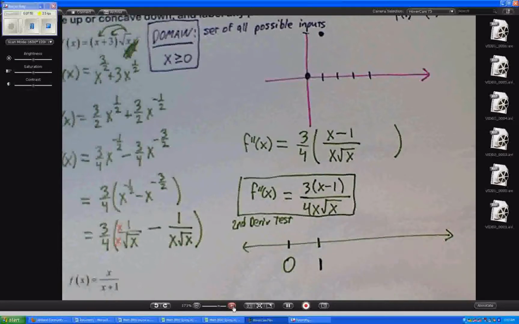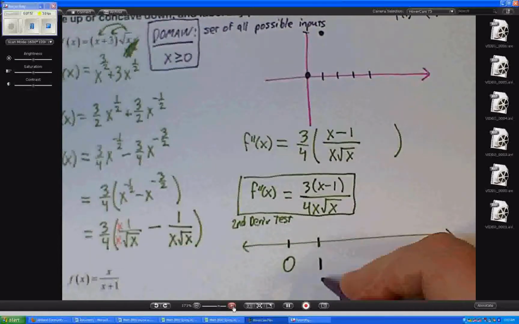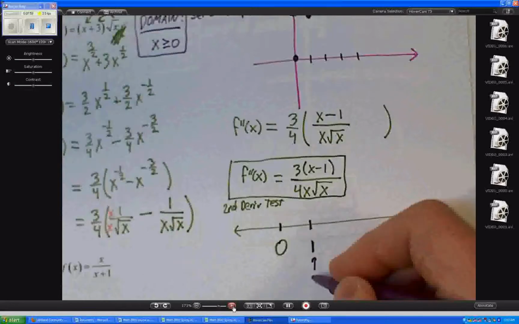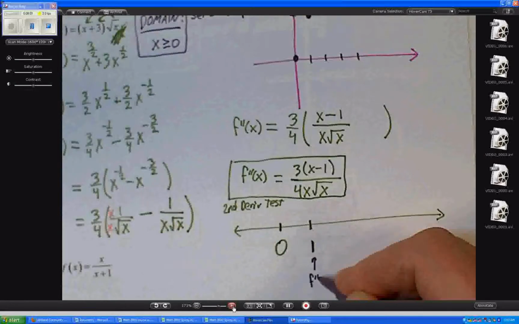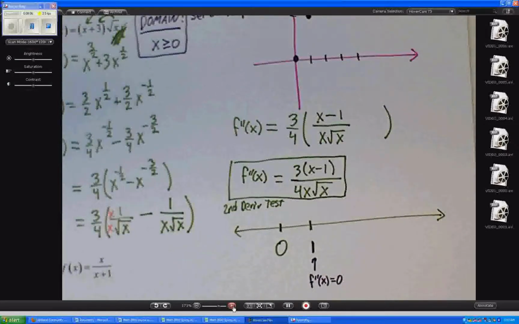So I'll point out that right at 1, we have f double prime of x equals 0. Right? Okay. So now what do we do next? Tell me what to do.